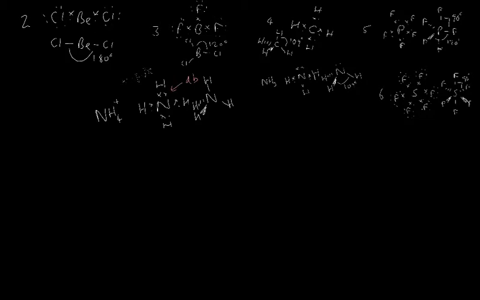What else can we have? We can have another example of dative covalent bonding, CO, carbon monoxide. So this time we have to do a triple covalent bond, which is what we've got in carbon dioxide.